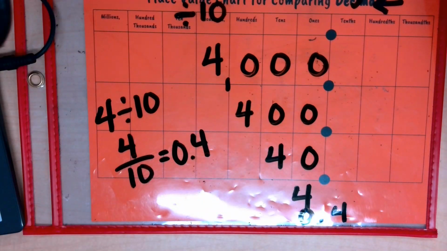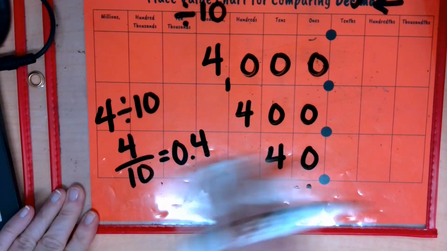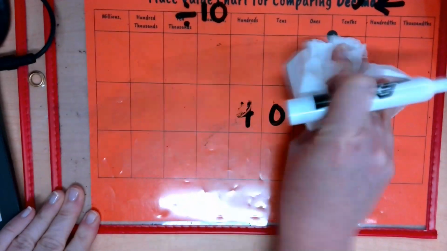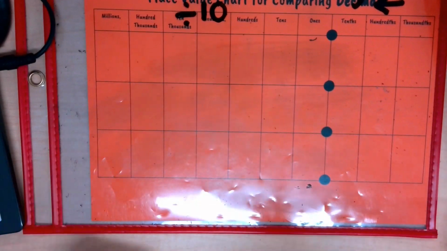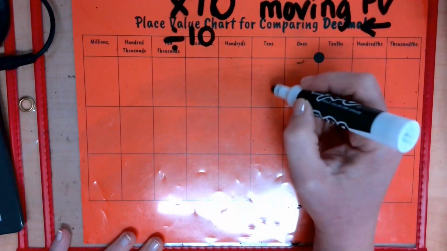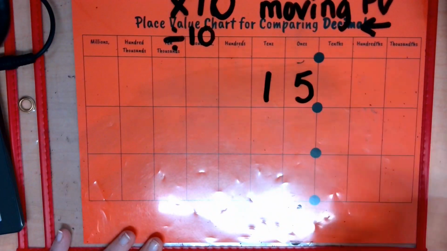So now we're going to look at some values that have decimal values in them also and practice multiplying and dividing by 10s. If I have 15, so now two digits together, and I'm dividing by 10, what do you think that is going to give me?